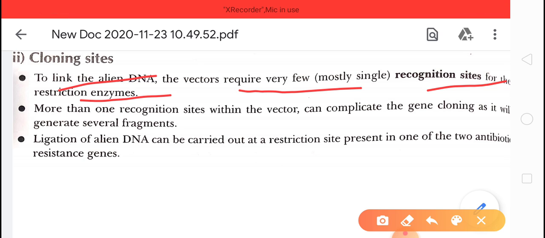If the cloning site is present there, the restriction enzyme can easily cut the DNA molecule and it will be added to the vector DNA. When the foreign DNA links to the cloning site, then it can easily replicate and form multiple copies.